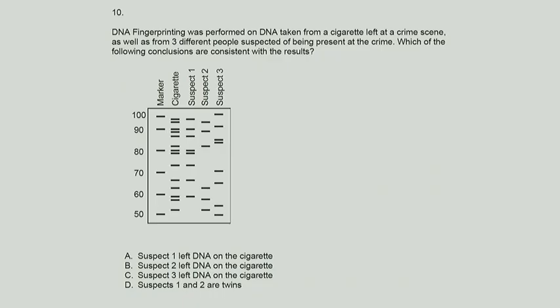Okay, and then are suspect 1 and suspect 2 twins? How do we know that? Their banding pattern is different, right? They could be fraternal twins.